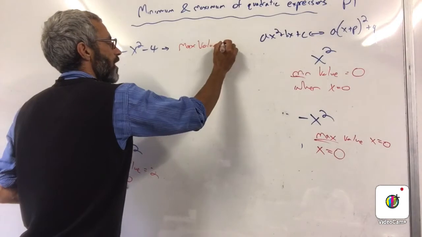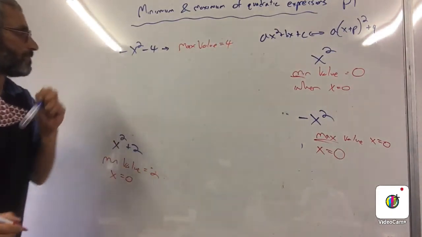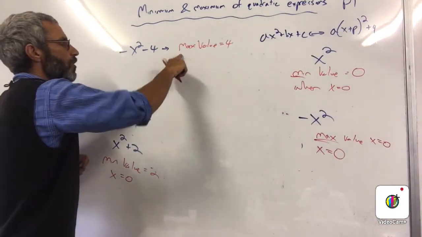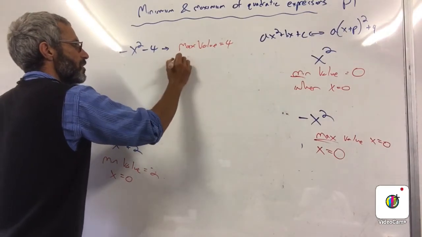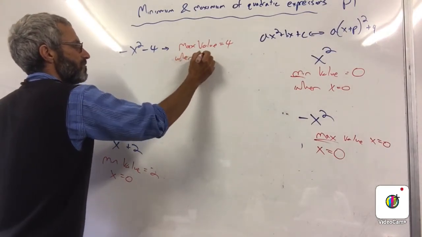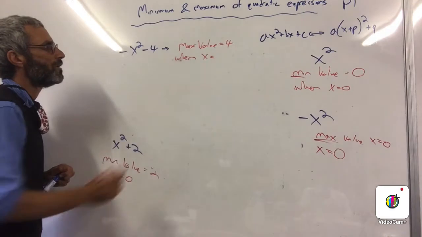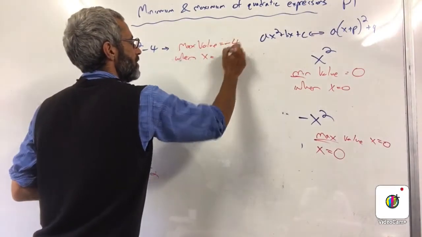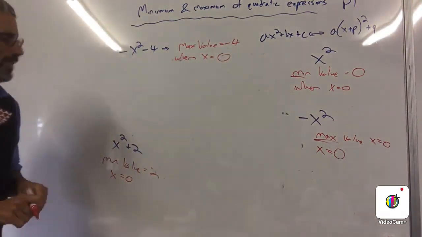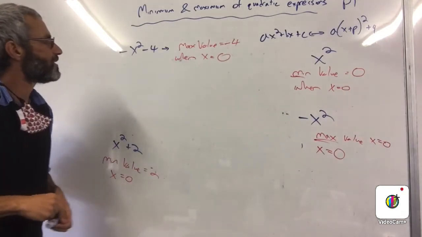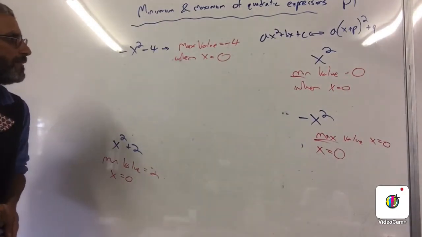Okay? And let's try and understand that. Before we try and understand that, for which x will it be this value? When x is equal to what? 0. That should be minus 4. Absolutely. So what's happening here? Let's try and think about what we've done here.